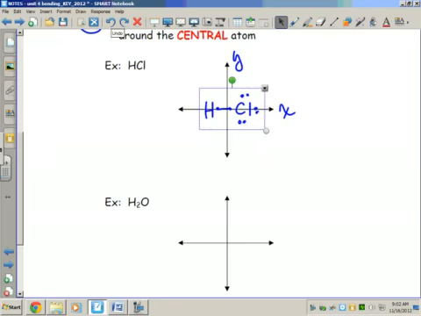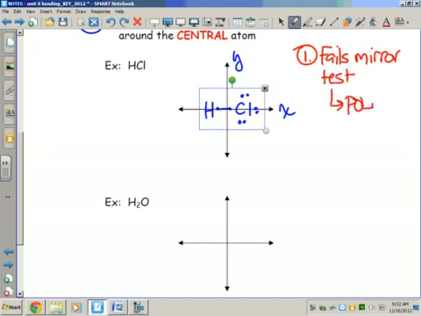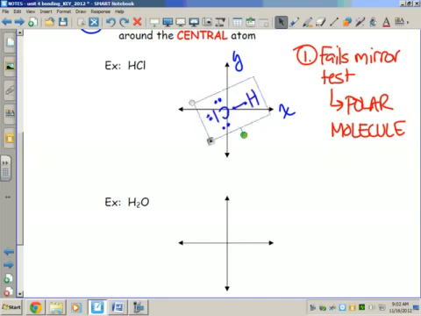Since it fails the mirror test, and that's number 1, that means it's a polar molecule. We can stop right there. If it doesn't pass the mirror test, it's asymmetrical. I can't flip it, then it's a polar molecule.